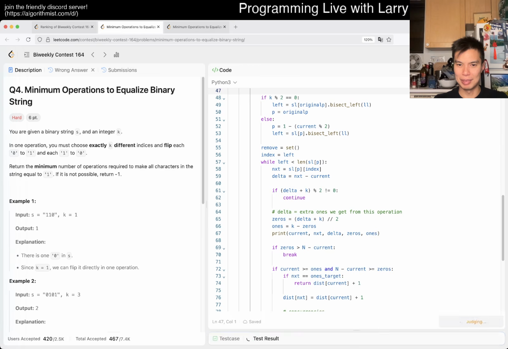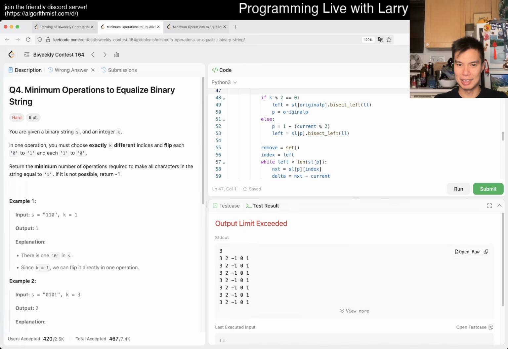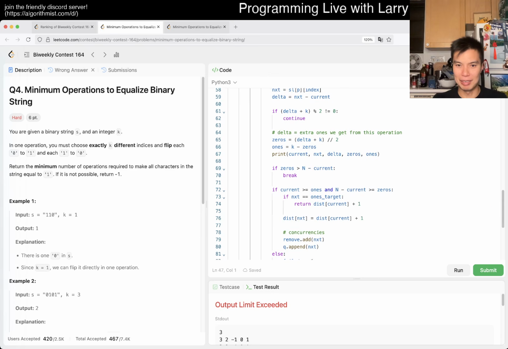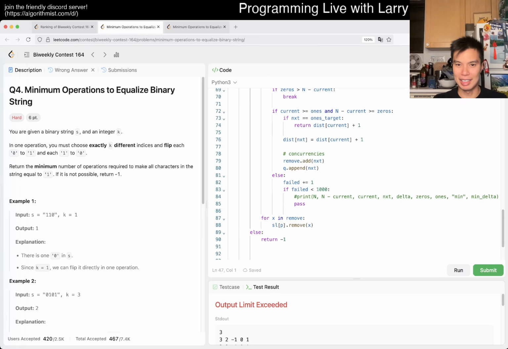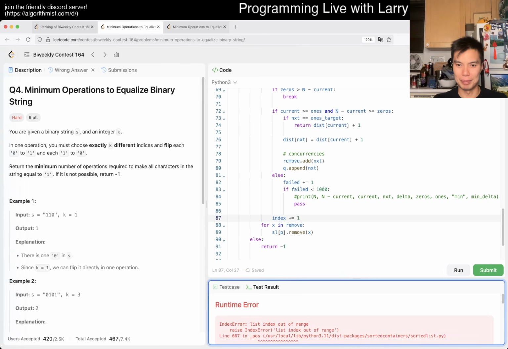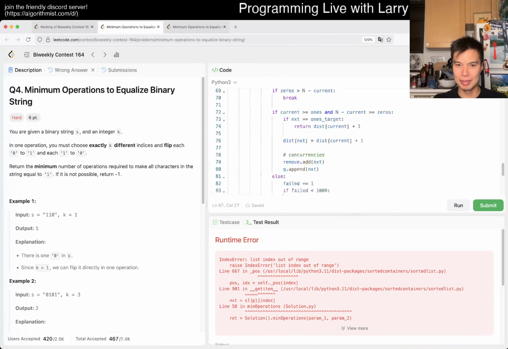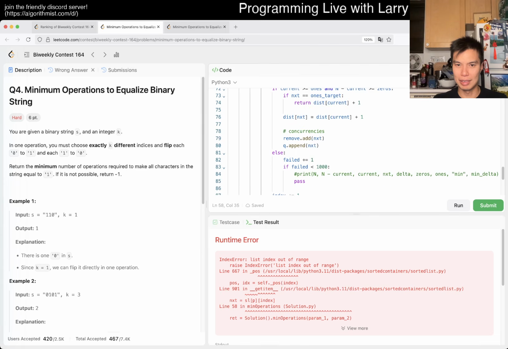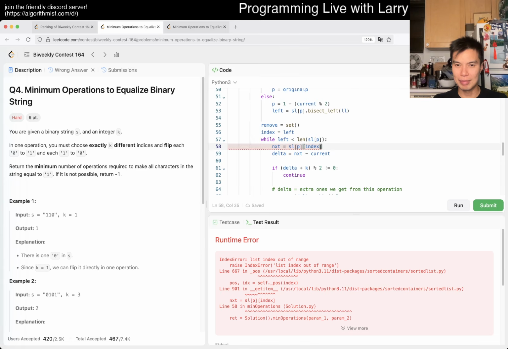If it infinite loops, then that means I have done something funky. That also means I've done something funky, like not incrementing index. I meant to do that when I had this here, but I just forgot. Oh, is that it? No. Oh, well, this is true, not that.